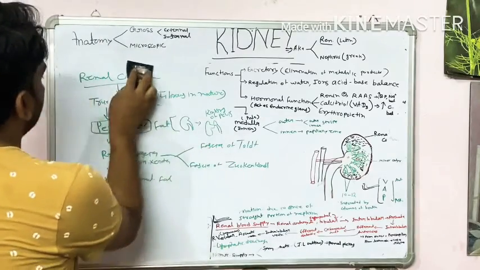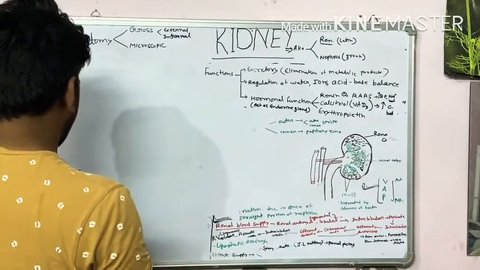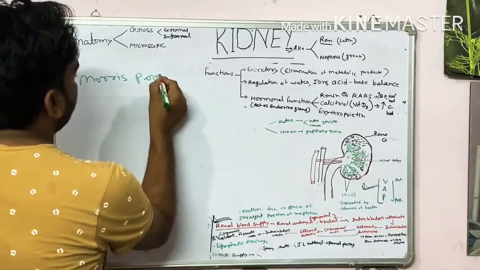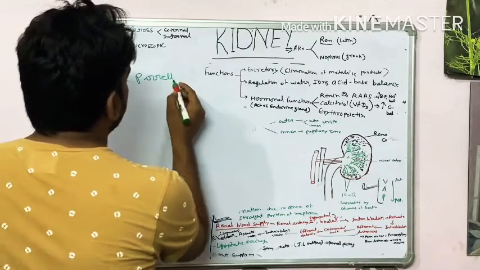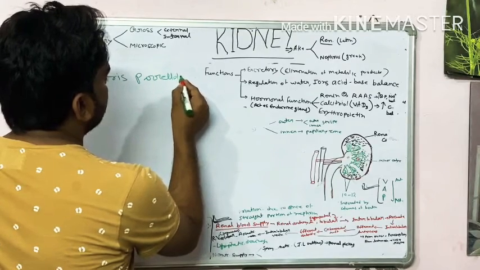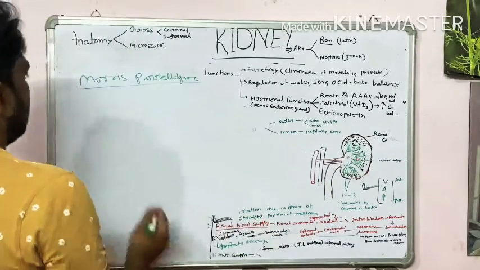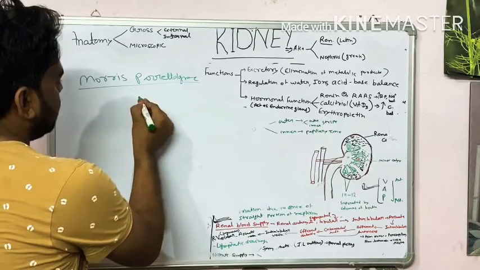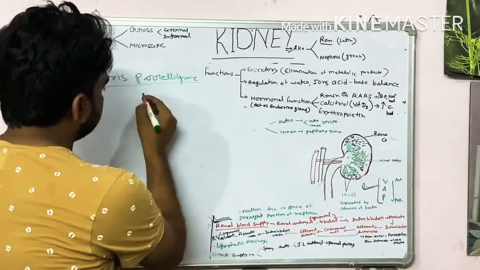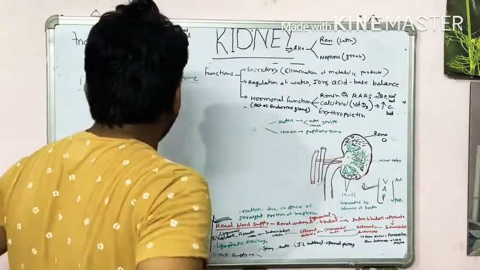One more thing is Morris parallelogram. For the parallelogram, we have to draw one line in the medial plane from T11 to L3 posteriorly.